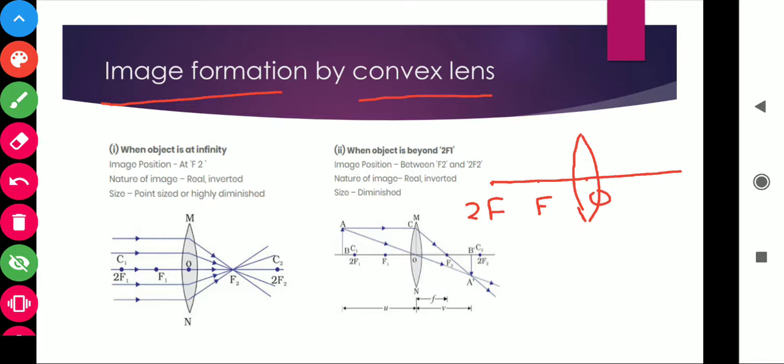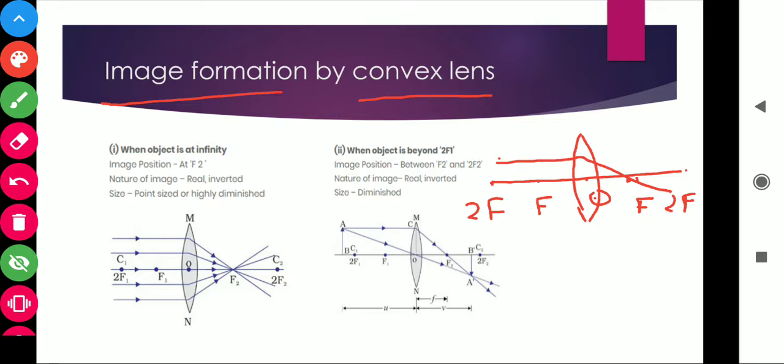Here also we will write F and 2F. If a ray comes parallel to the principal axis, then it will move through the focus. Okay, this is the point, focus.